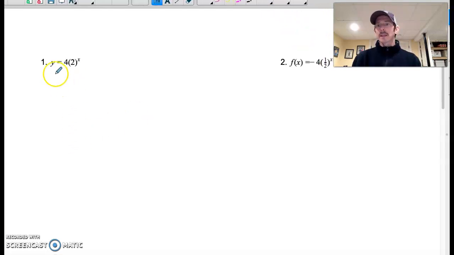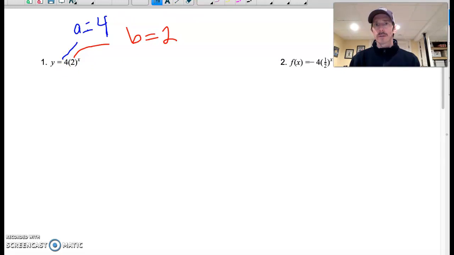There we go. All right, so if I have to graph this, I'm going to be identifying a couple key things. First off, this out here is my A value, which is 4. And this 2 is my B value. So what I know from my A value is that it is positive and it is bigger than 1.